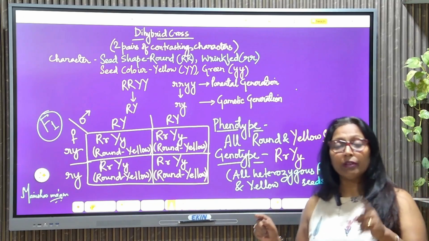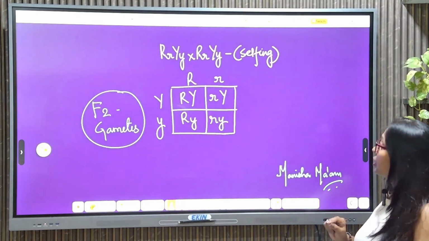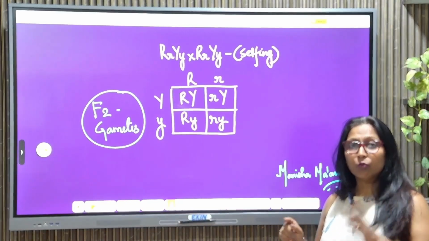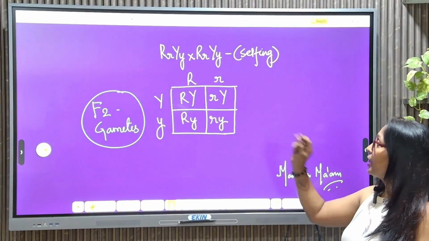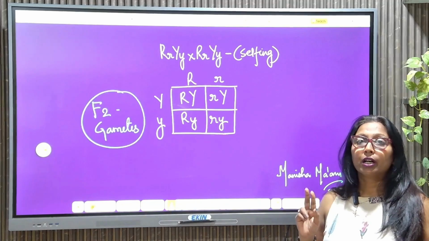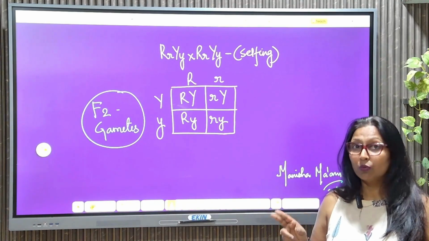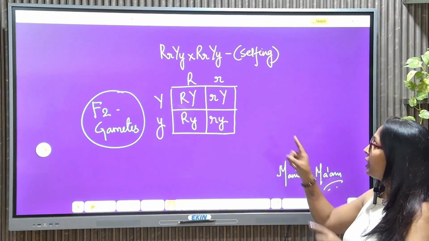Now the next step that we follow is to find out the F2 gametes. We go for selfing the F1 heterozygous that we have got. We self it: capital R small r, capital Y small y, crossed with capital R small r, capital Y small y, and we get the F2 gametes.